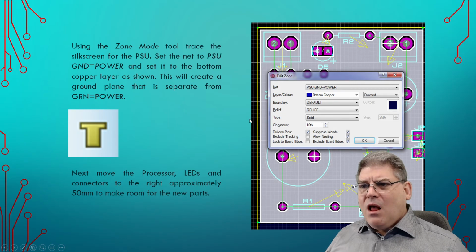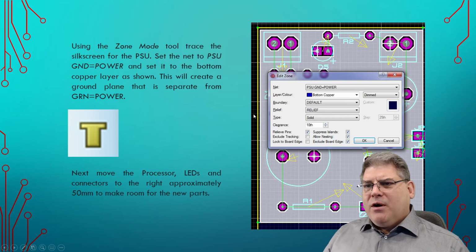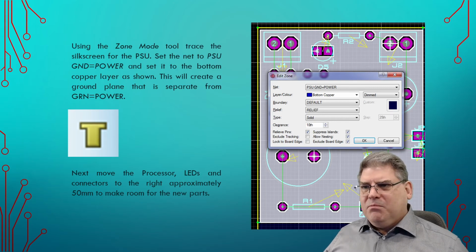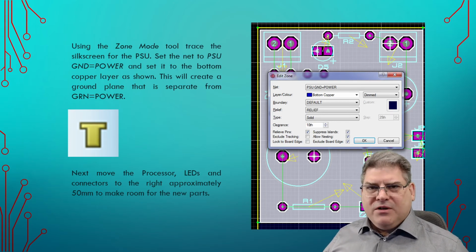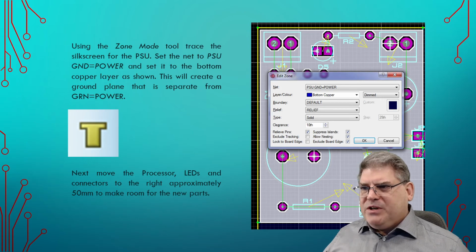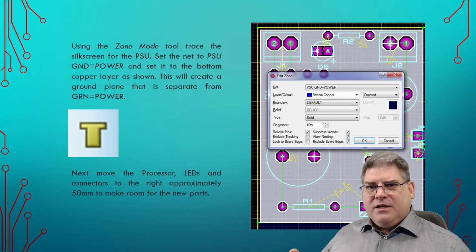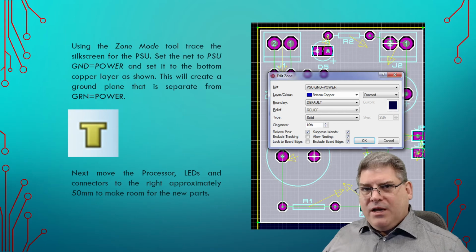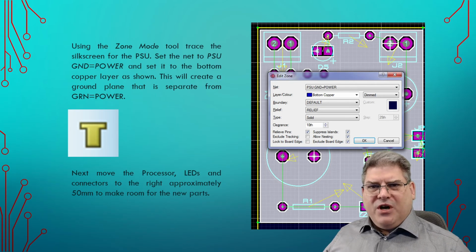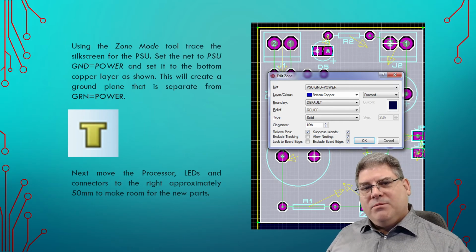The next thing that we want to talk about is creating different ground areas on the circuit board. Previously we had talked about creating silk screens and breaking things down into smaller portions. Last week I talked about isolating the power supply so that we could test it or substitute a different power source.